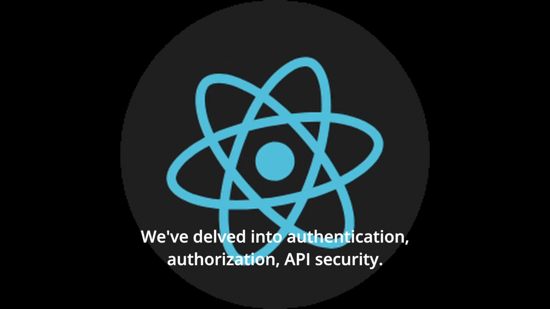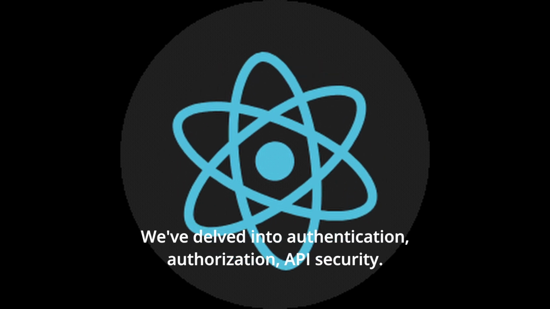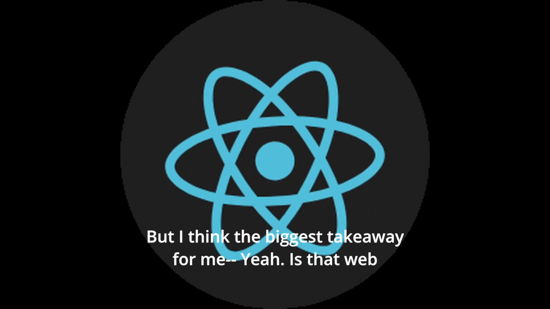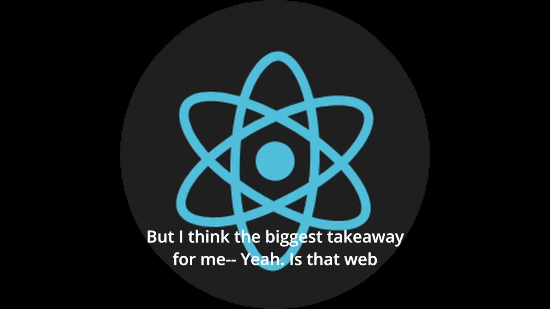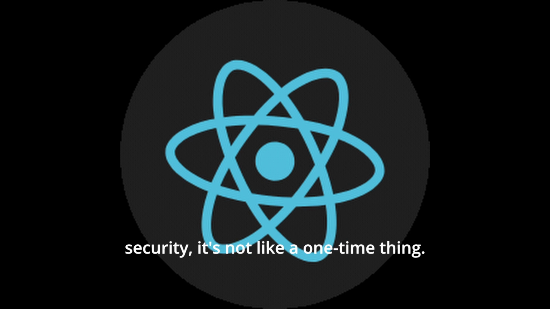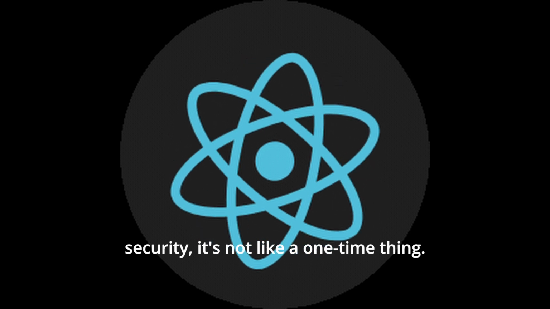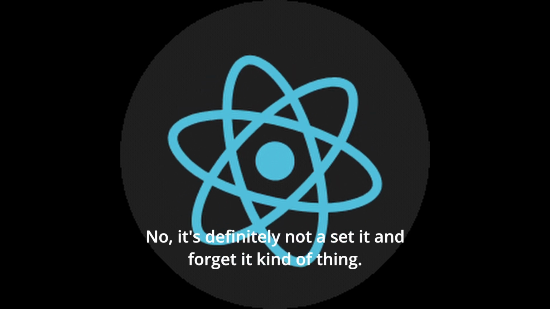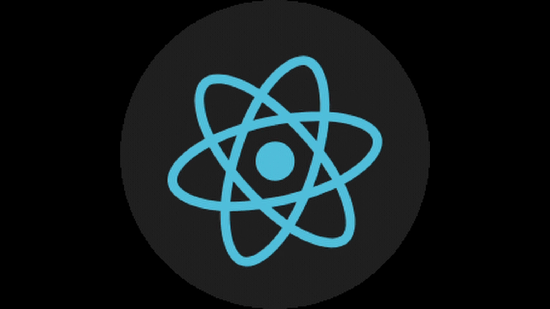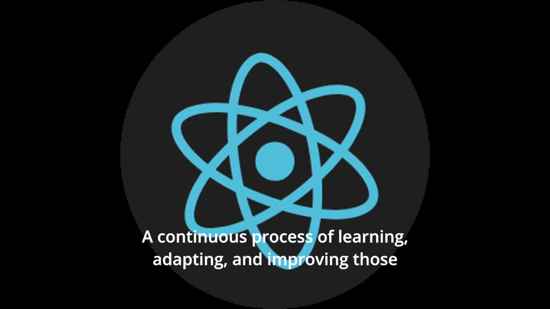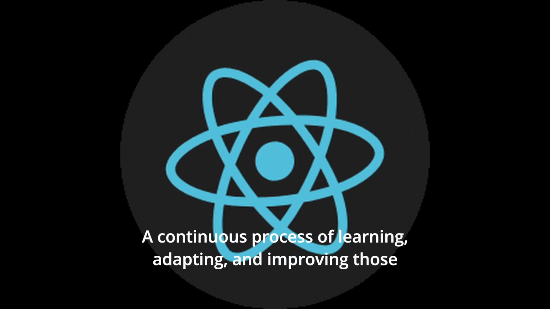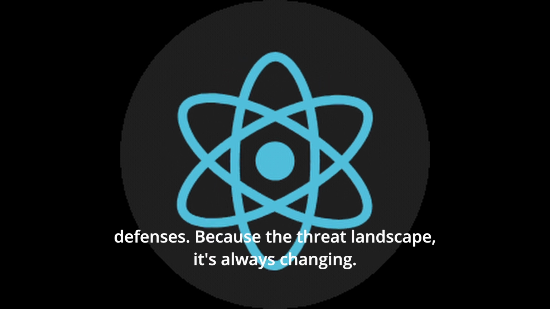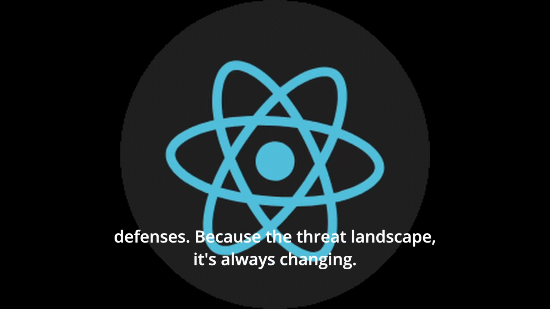We've delved into authentication, authorization, API security. But I think the biggest takeaway for me is that web security is not a one-time thing. No, it's definitely not a set it and forget it kind of thing. It's a journey, a process. A continuous process of learning, adapting, and improving those defenses, because the threat landscape is always changing.